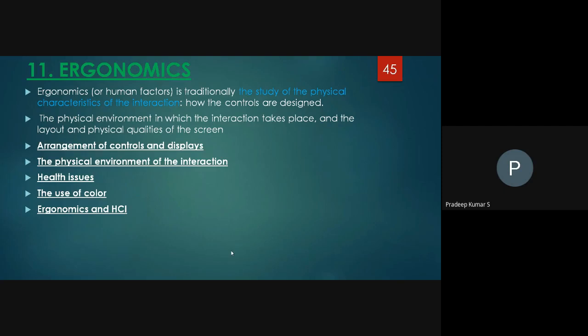What are the 5 physical qualities? Arrangement of controls and displays. Next, the physical environment of the interaction. Third, health issues. Fourth, use of color. Fifth, ergonomics and HCI. These 5 things are the major qualities. Here, for the 5 qualities, I can give real-time examples.